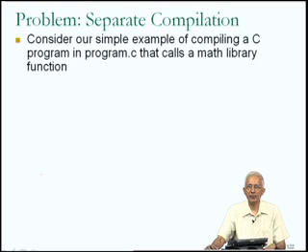Separate compilation is the idea that the program which you are compiling may generate a .o file as a result of the compilation, which has to be linked with other files, such as a math library.